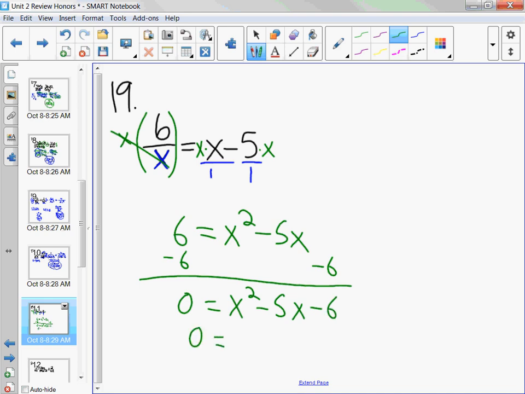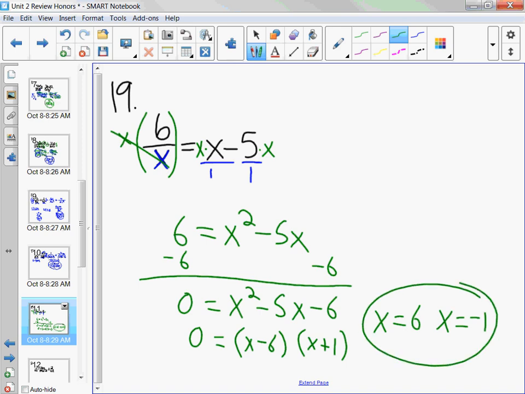And this factors to be x minus 6 times x plus 1, because negative 6 times 1 is negative 6, and negative 6 plus 1 is negative 5. Therefore, my two solutions are x equals 6 and x equals negative 1.